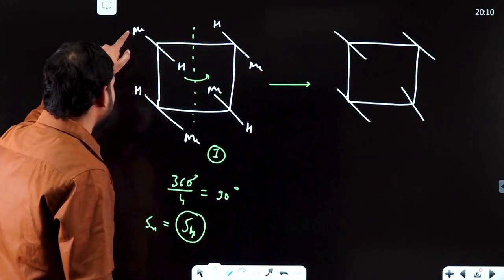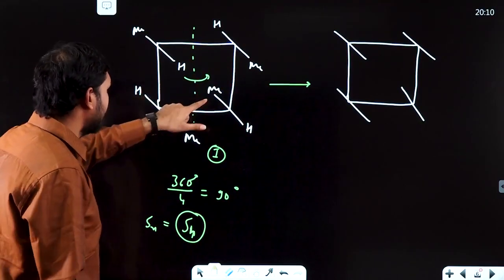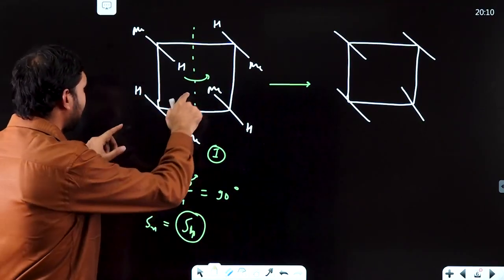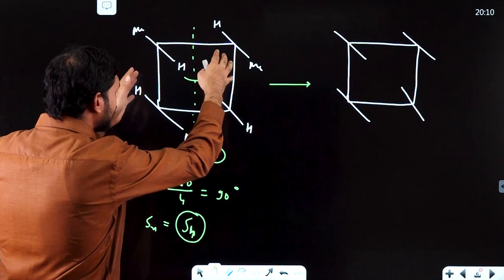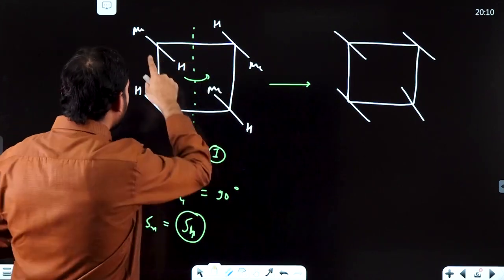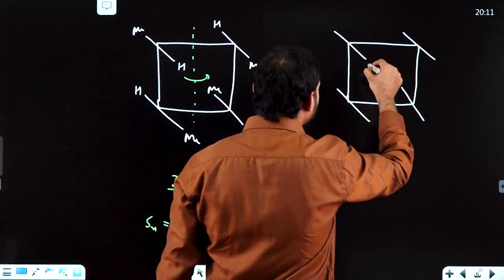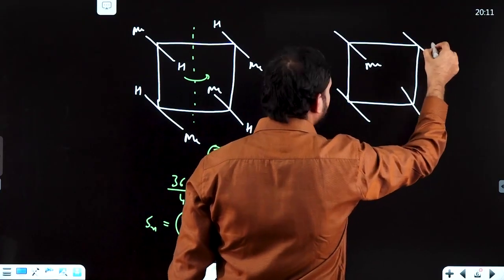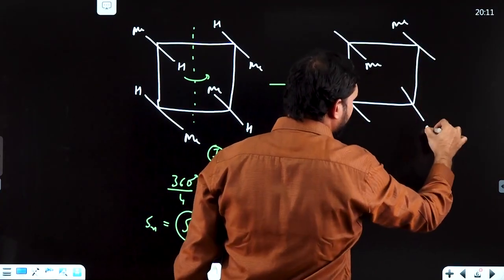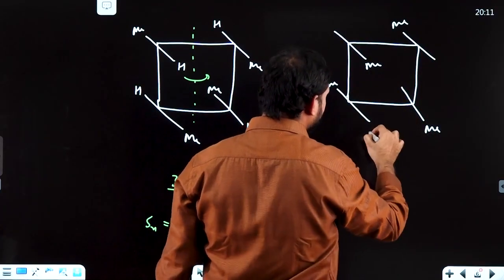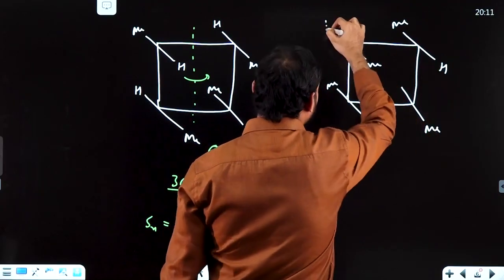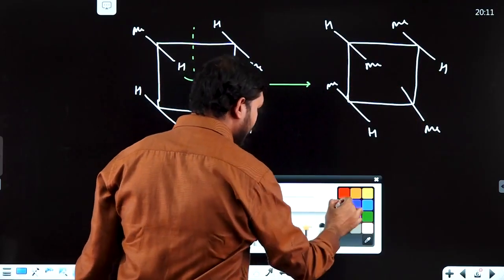See, here methyl is upside, downside, upside, downside. After rotation, suppose I am telling this is a square type, rotating like this, up will go downside. So this is our second compound.